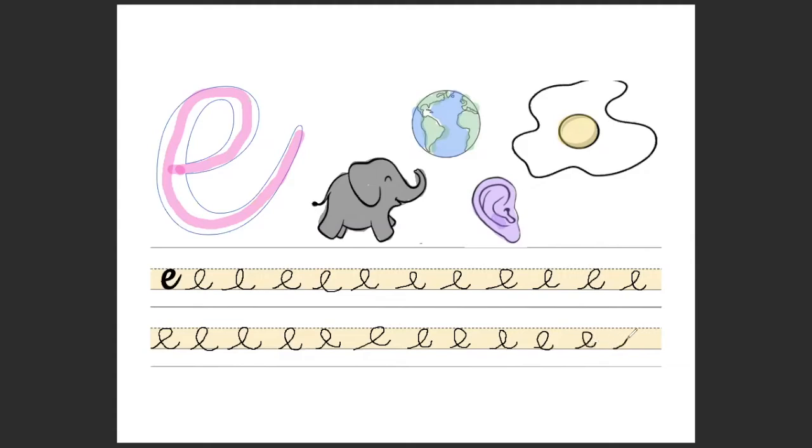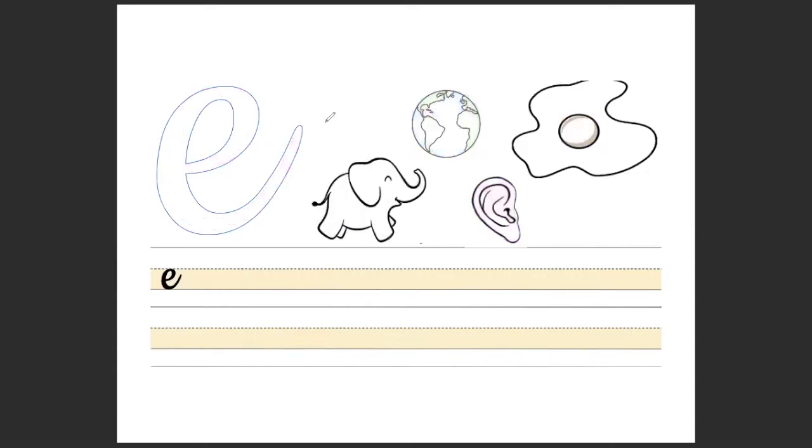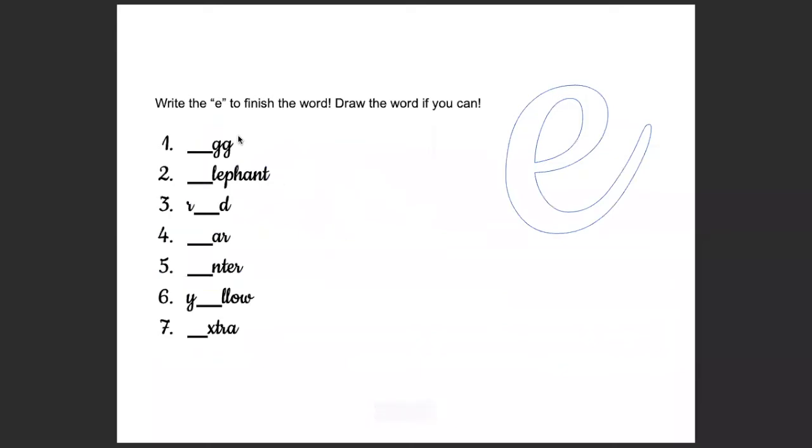All right, did you finish writing? If you didn't finish writing, that's okay because we can finish it after. We're going to move on to the next page. What are these directions? Write the eh to finish the word. Draw the word if you can. We're just going to write the letters together, and then when we finish, you can draw them.